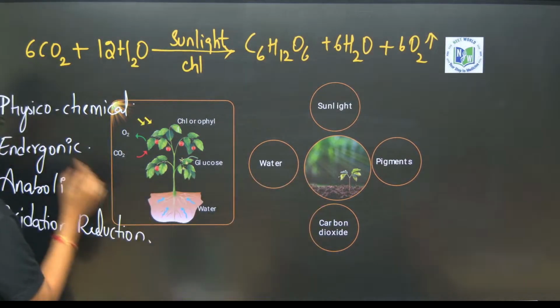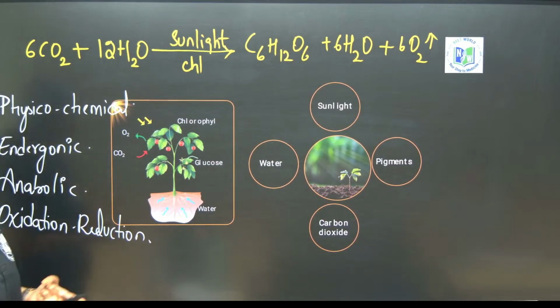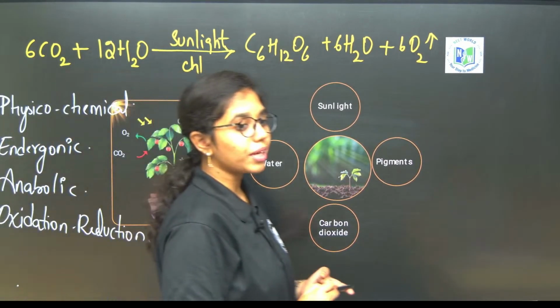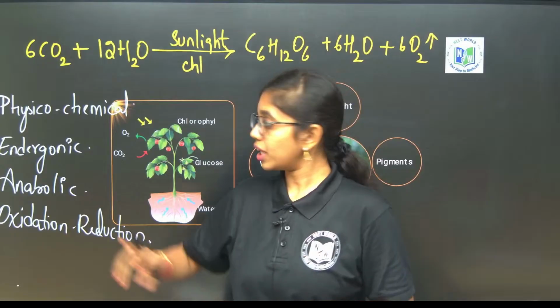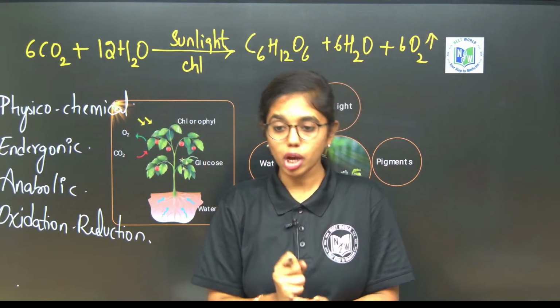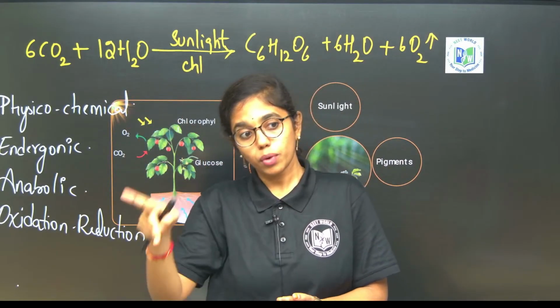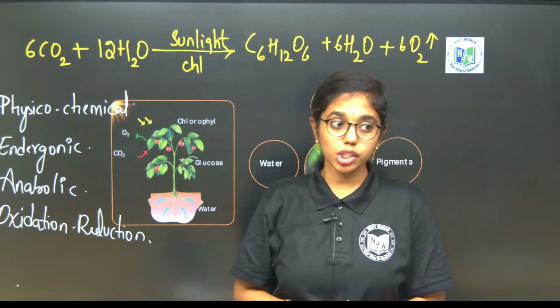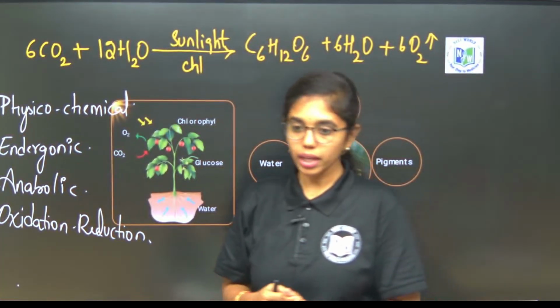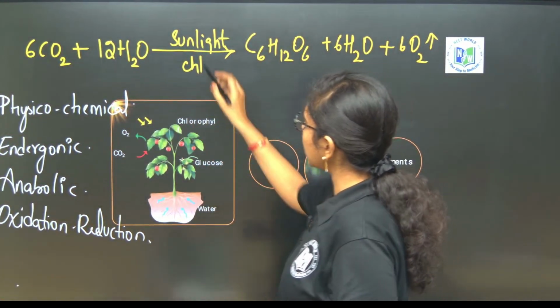Okay, ma? So first, if you take physico-chemical process, what is physico-chemical process? The physical energy, that is sunlight, which is absorbed in the form of photons, is converted into chemical energy, that is ATP and NADPH. Okay. So the physical energy, what is the physical energy?